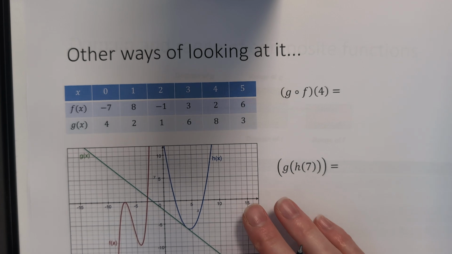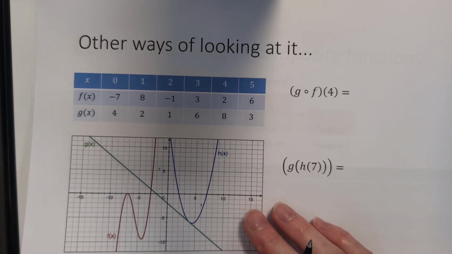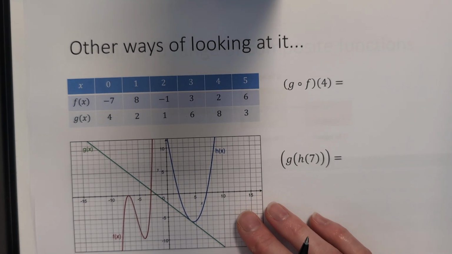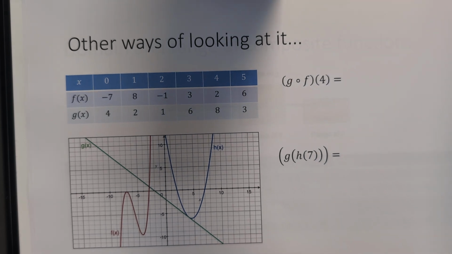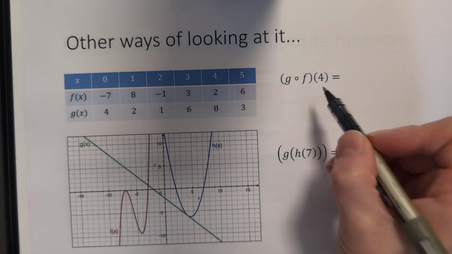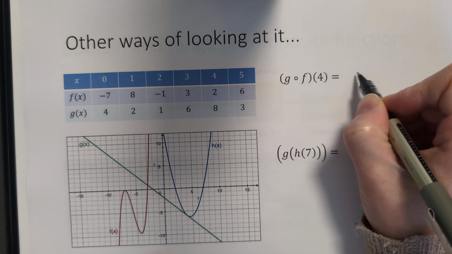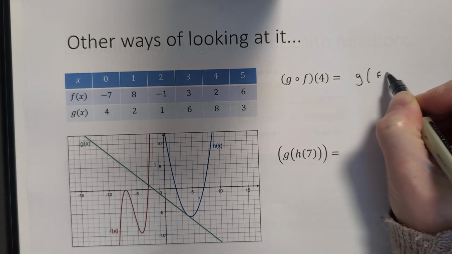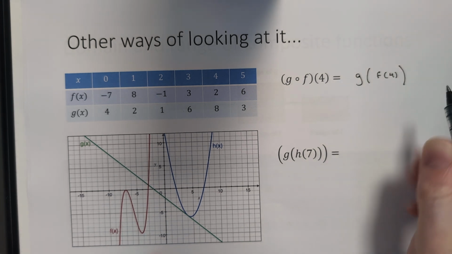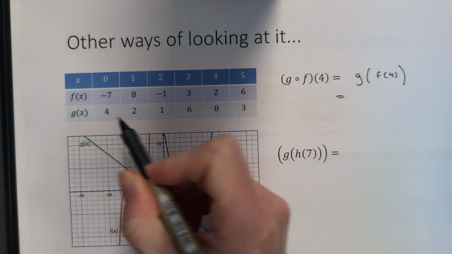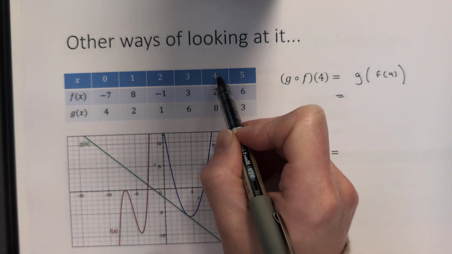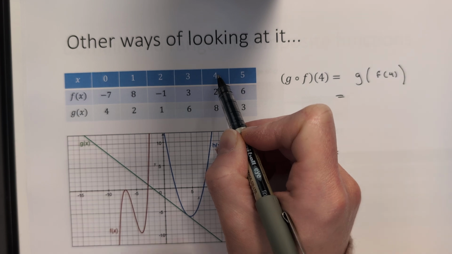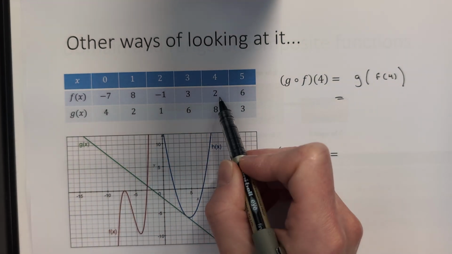You could look at it as tables or graphs as well. It's really just the idea of understanding inputs and outputs and what comes first in the order of this operation. One is being put into the next one. So g following f of 4, I'll write it out this way just to show you the kind of thinking here. Well, f of 4 means if I put 4 into the function f, so here's x is 4, and if I put 4 into the function f, I get out 2.